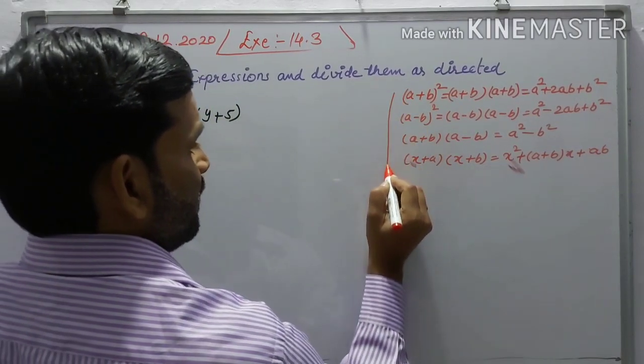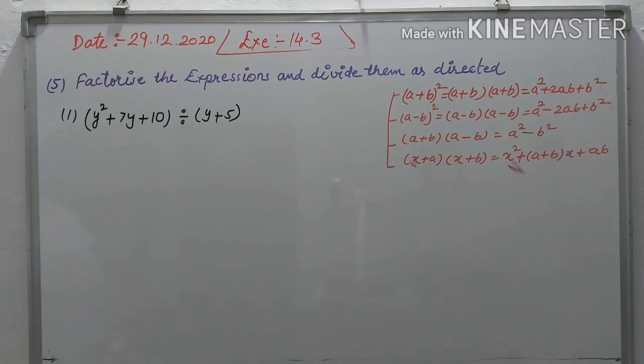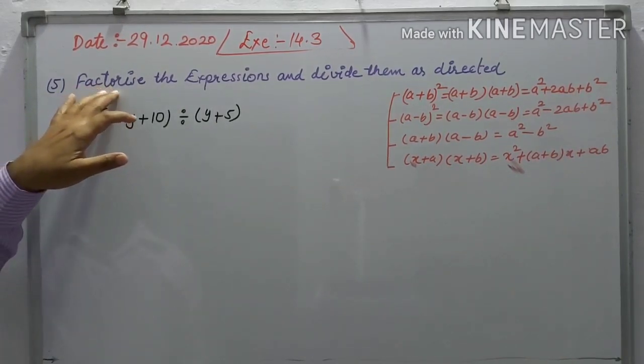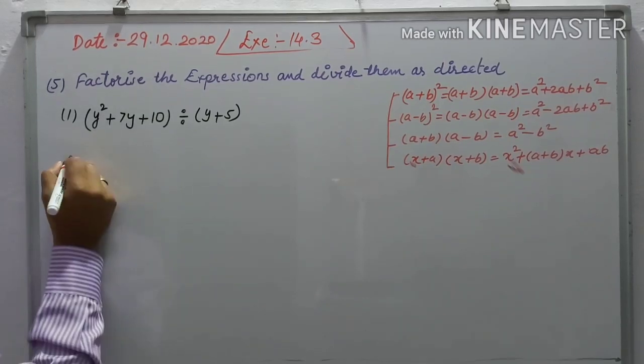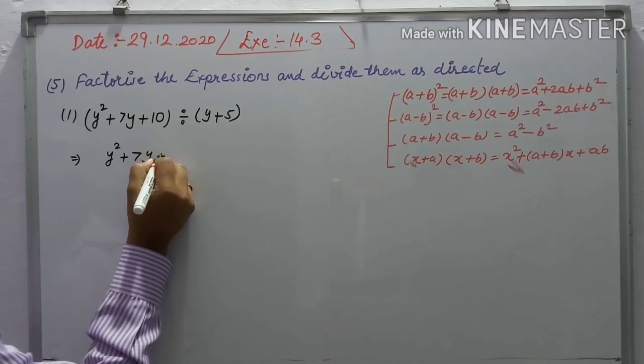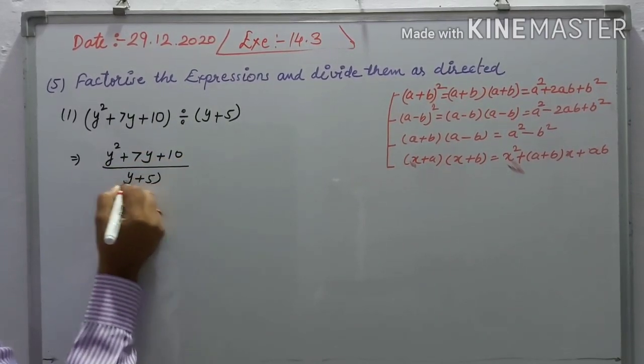So here we start. First we factorize using the 4 identities, then after that we do the division. Now we write y square plus 7y plus 10 divided by y plus 5.